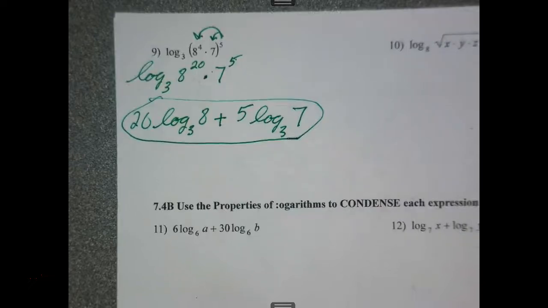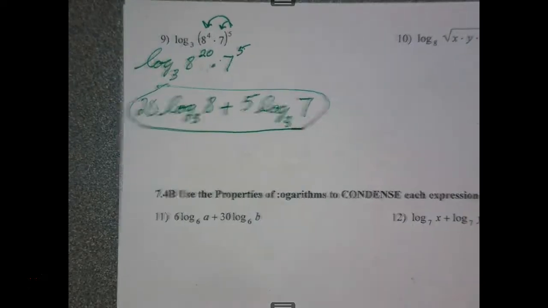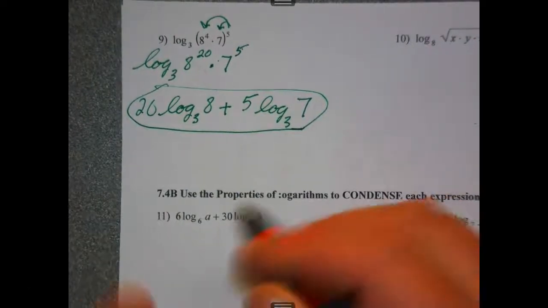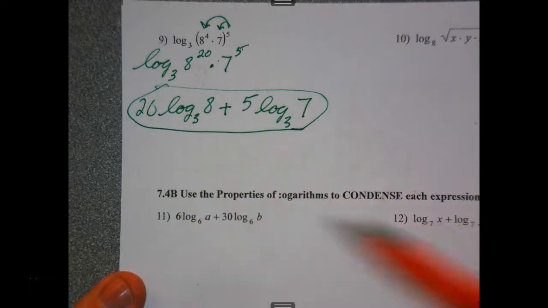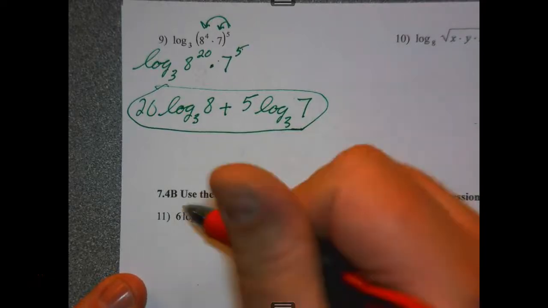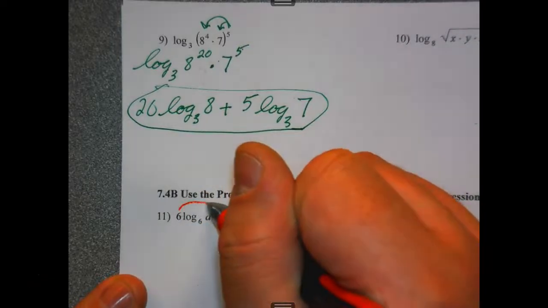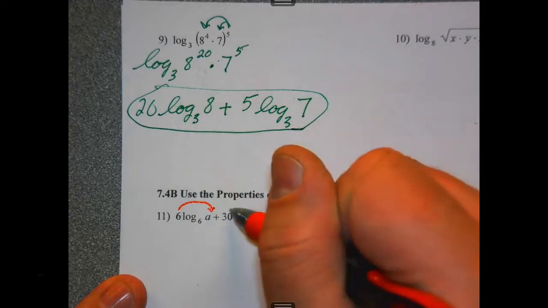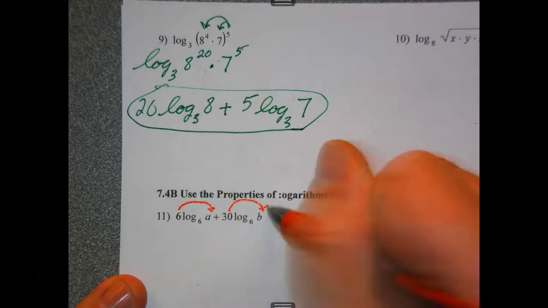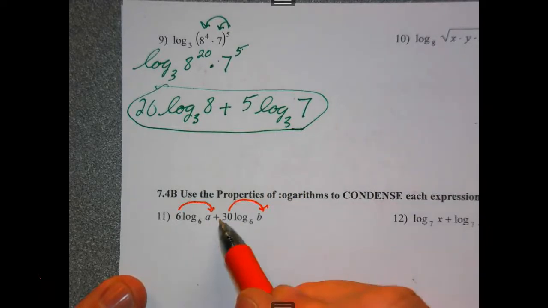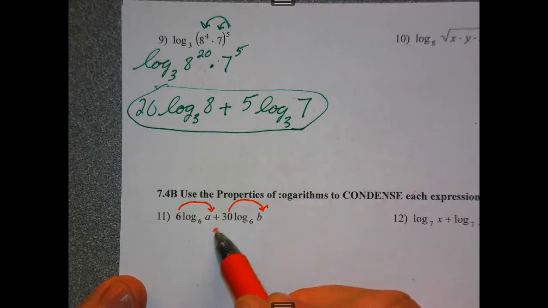Condensing is actually easier. Okay. If I have a number in front of a log, what is it? It's the exponent of the number, of the base, right? Plus turns to multiplication.